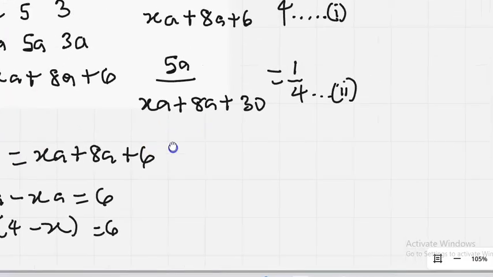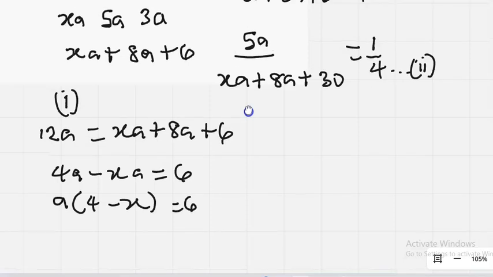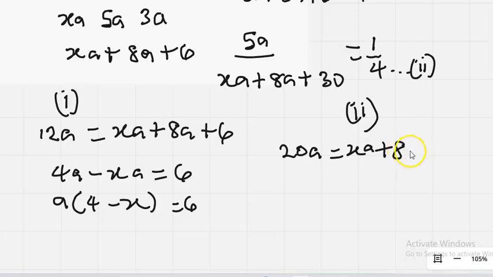Let's move on to the second equation. If I cross multiply the second equation, this times this is 20A equals XA plus 8A plus 30.